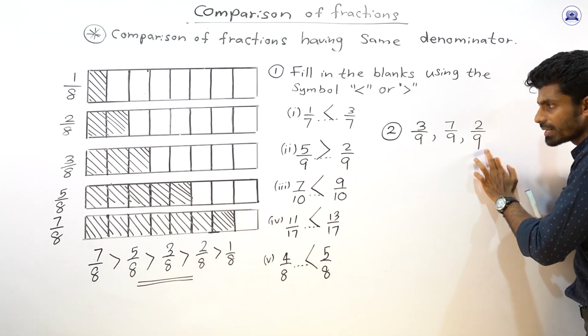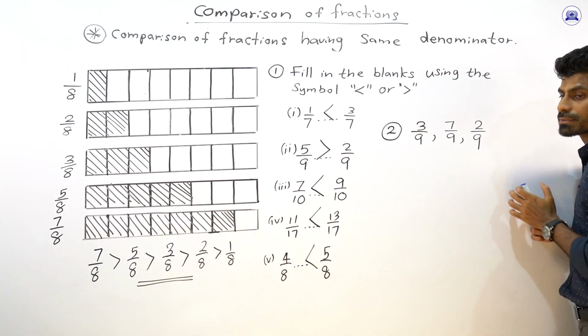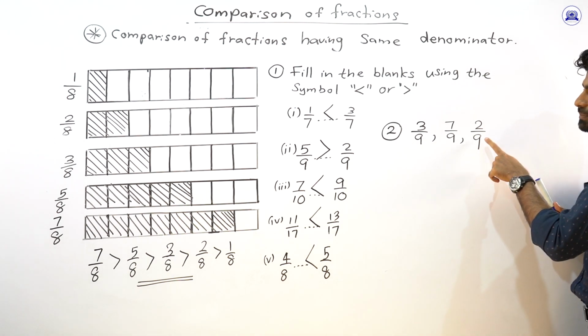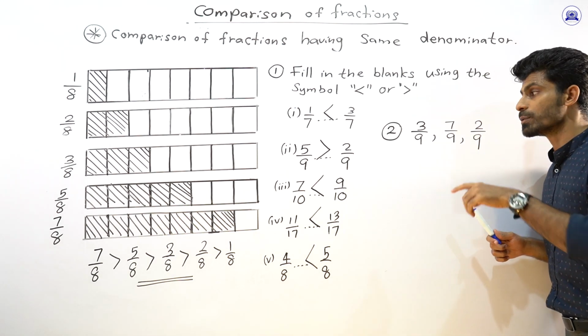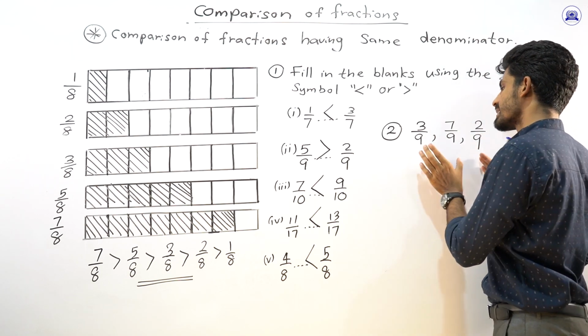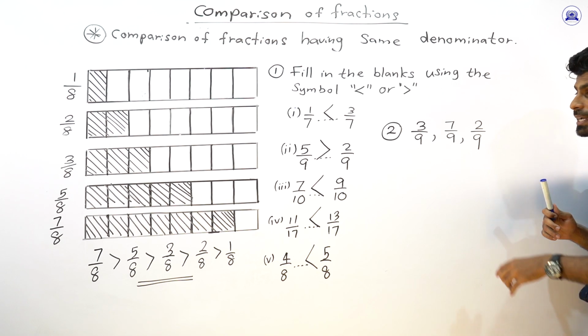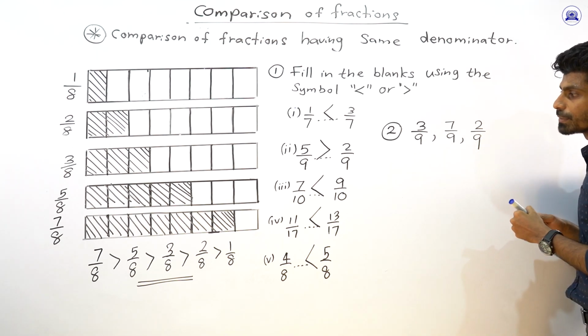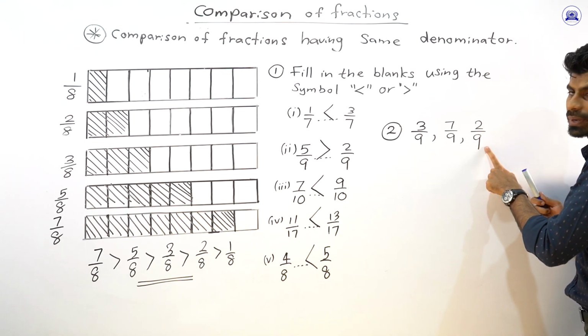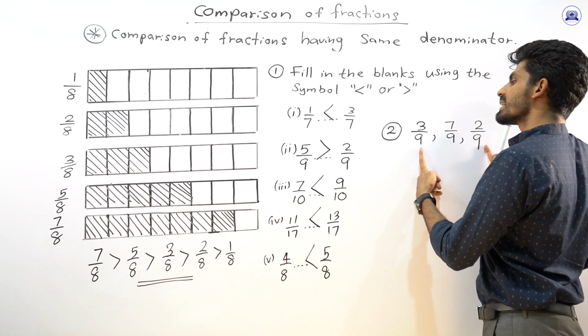Which one is the smallest one, my dear student? This is the smallest one. How can I say that one? Look at the numerator. Denominators are same means look at the numerator. Numerator is 2. 2 is the smallest value. So this will be the first one. This one will be the second one.